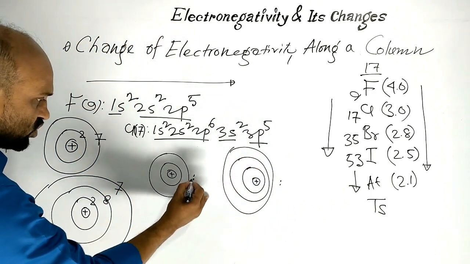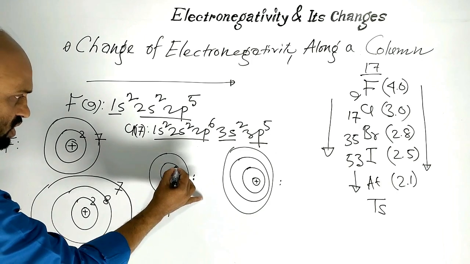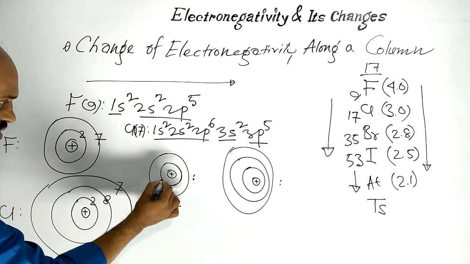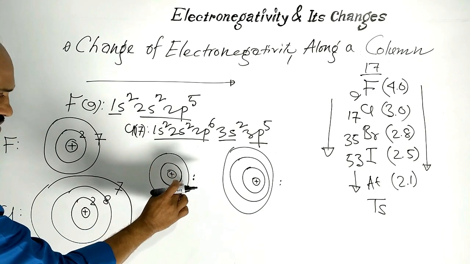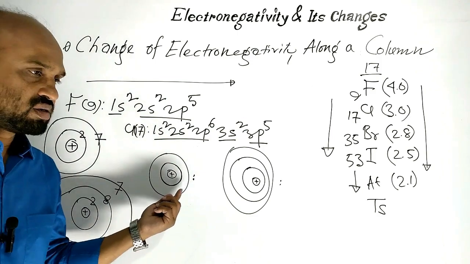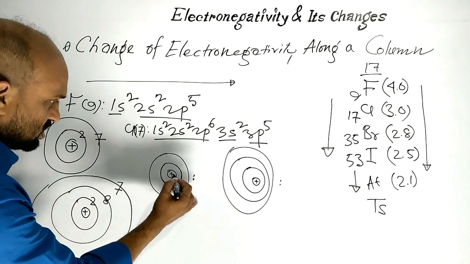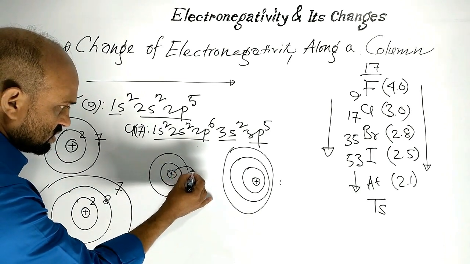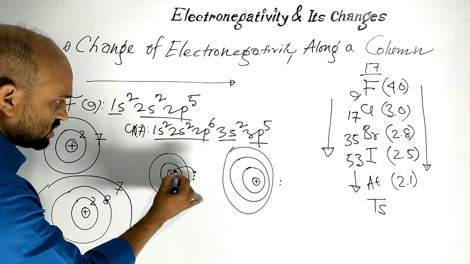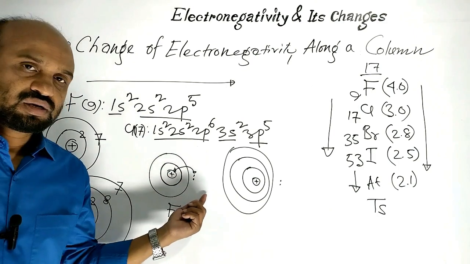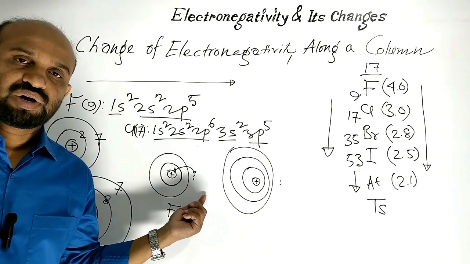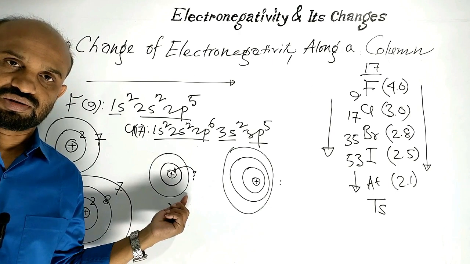In the case of fluorine, only one inner shell is here. This shell creates a shielding effect. That is why the attraction between the nucleus and covalently bonded electrons is barred by the inner shell electrons.